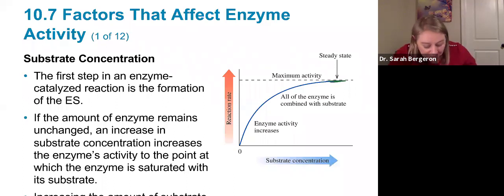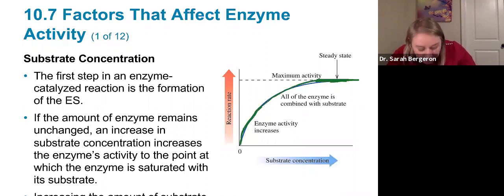And so that's that steady state level, right? We'll add more substrate, add more substrate, add more substrate, and we'll look at the rate of the reaction. And the rate of the reaction will speed up until we just can't add any more. The more substrate you add, then nothing happens.